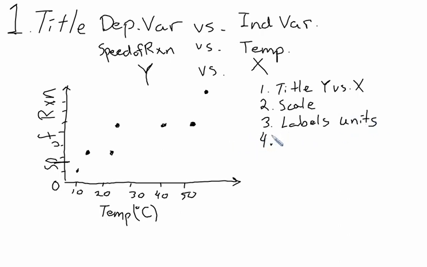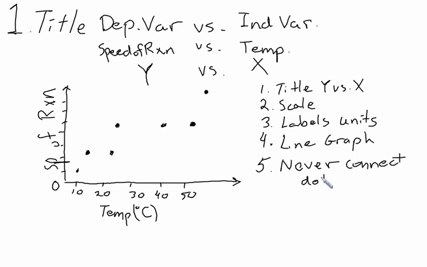Always make a line graph or a scatter plot. And last but not least, never connect the dots, because your data might not always be 100% in line or a perfect shape or form. Okay, so that's it for now.